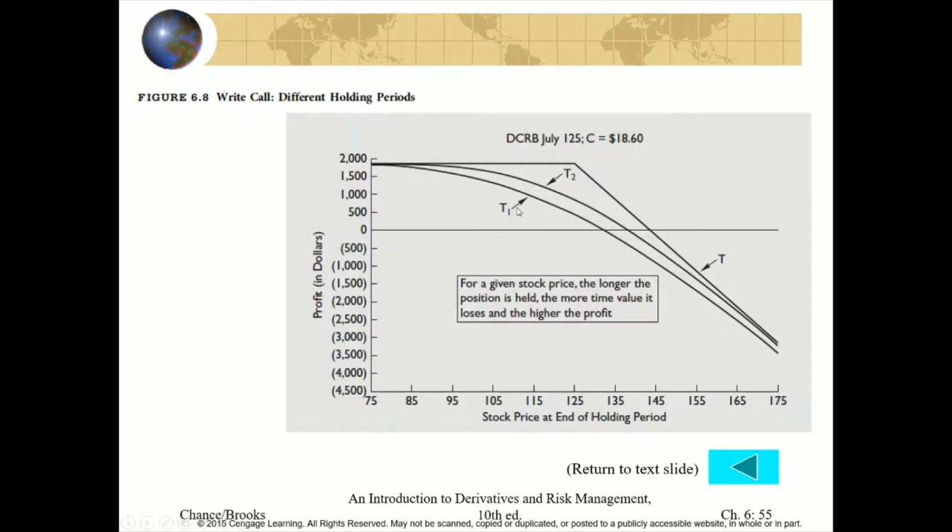If I exit too early, then I'm paying a large part of the time value I have received, which will result in the highest loss again for every single level of the stock price. Again, in this analysis, the intrinsic value is constant, it's not changing.